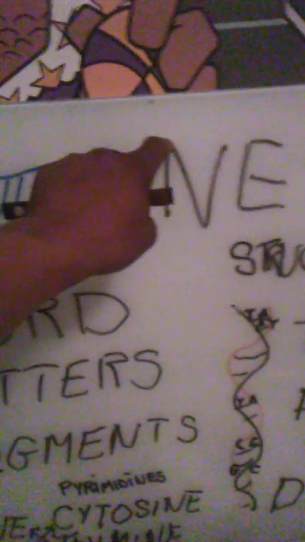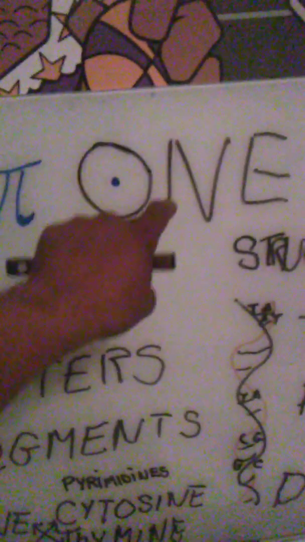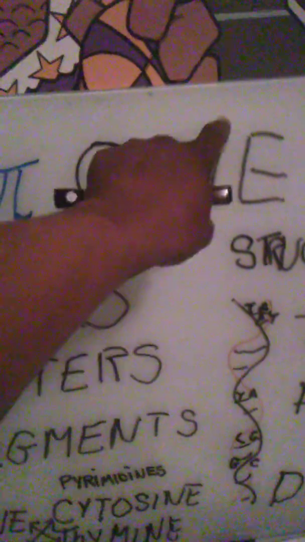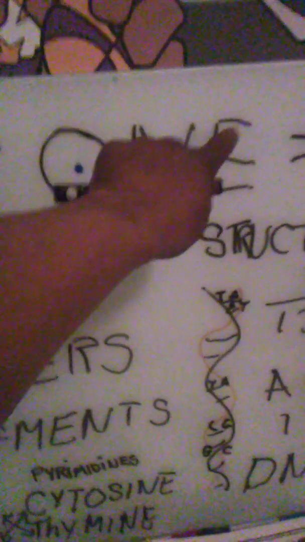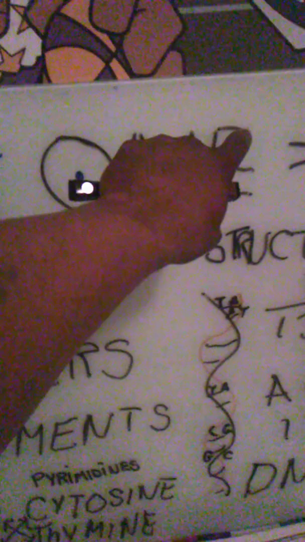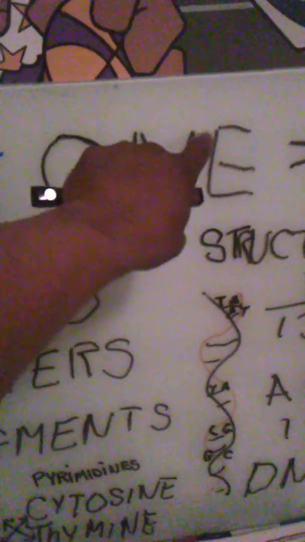The N has 1, 2, 3 segments. In the E, which is the 5th alphabet, there are 4 segments: 1, 2, 3, 4. The O is not a segment because it has no beginning or ending. It's a circle, and we put the dot in the middle there.